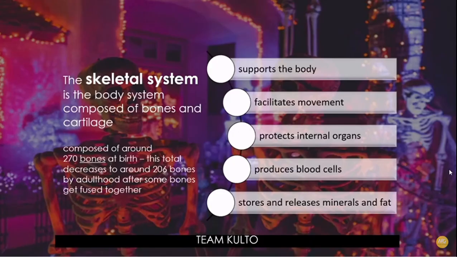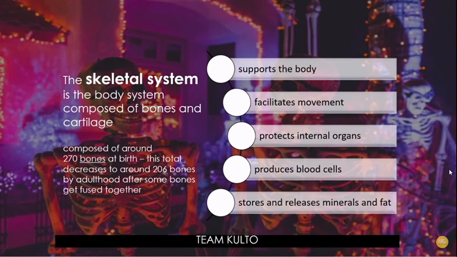Next, the skeletal system. The skeletal system is the body system composed of bones and cartilage, and it performs critical functions for the human body. The human skeleton is the internal framework of the human body.